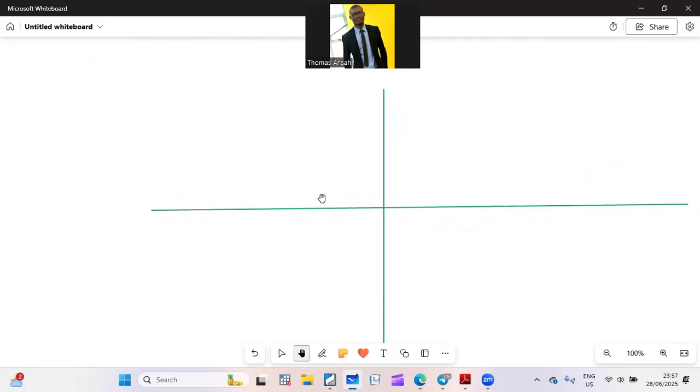So in the Ansoff matrix, we have the products on this axis. Then we have the market on the other.